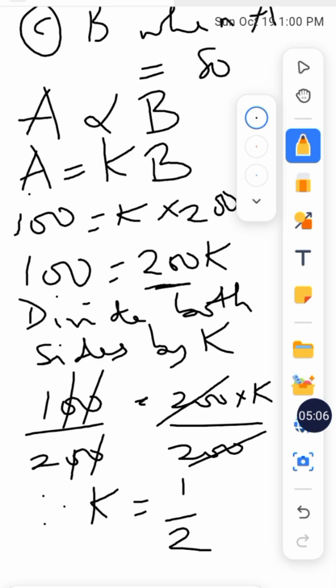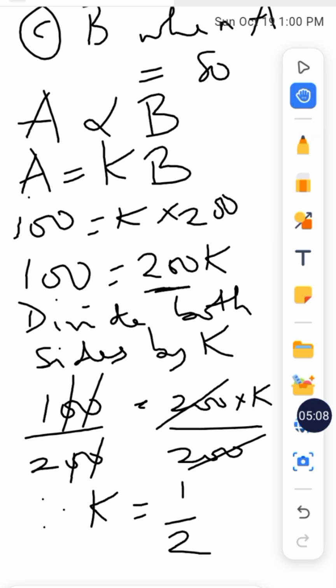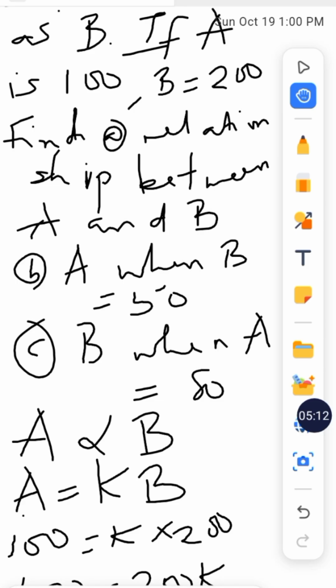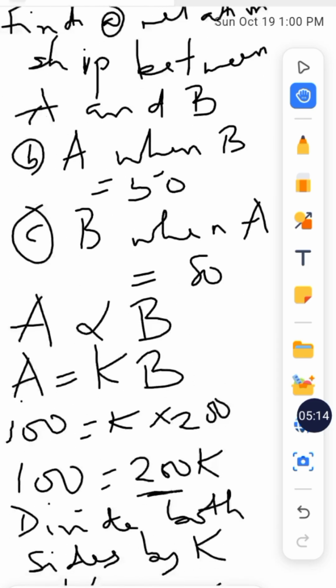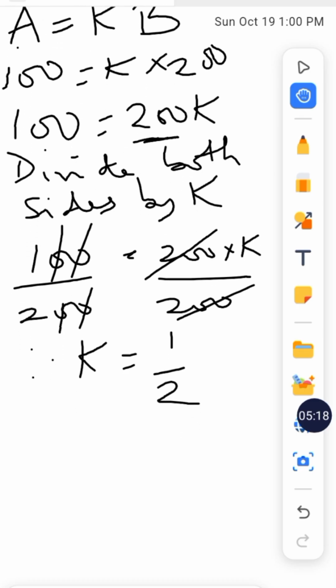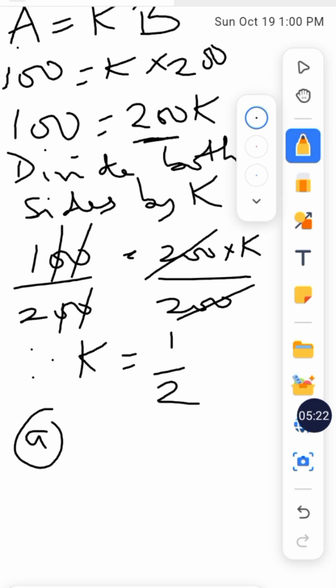Just like I told you that the very first set of data is for you to get the value of your K out. The first question now says, find the relationship between A and B. Whether the question requires you to find this relationship or not, you must find it because you cannot move forward. Now, where we are coming from is A equals KB.